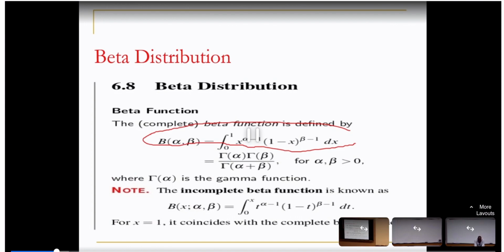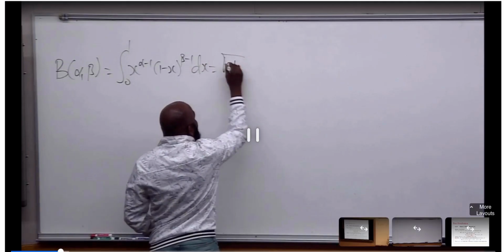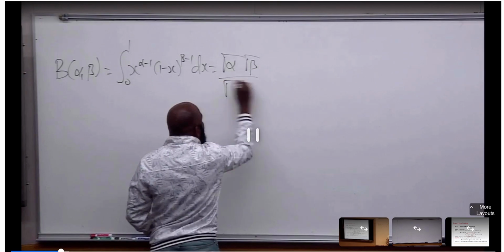Now, we're also going to have a non-integral derivation. Take a look at that. As we have the integral derivation, we also have the non-integral derivation. What I'm trying to say is that B of alpha, beta, the integral from 0 to 1 of x raised to power alpha minus 1, 1 minus x raised to power beta minus 1, is the same thing as gamma alpha, gamma beta over gamma alpha plus beta.